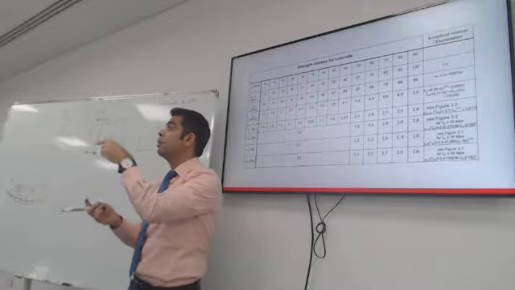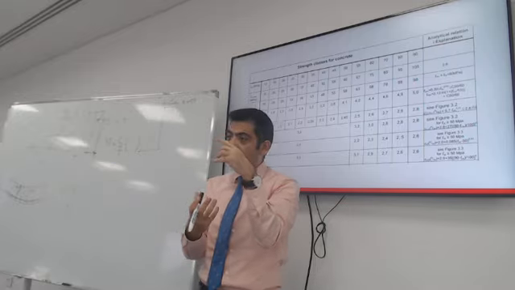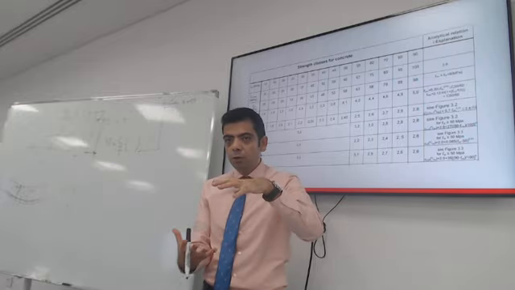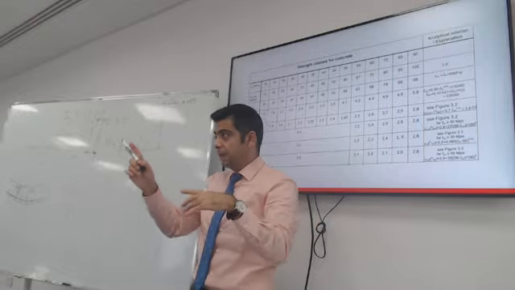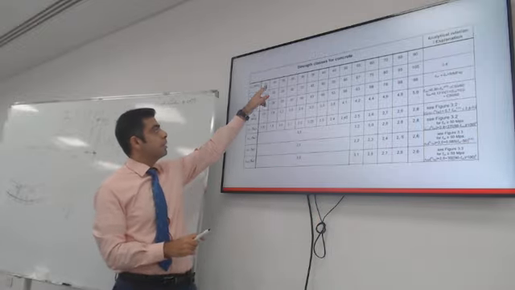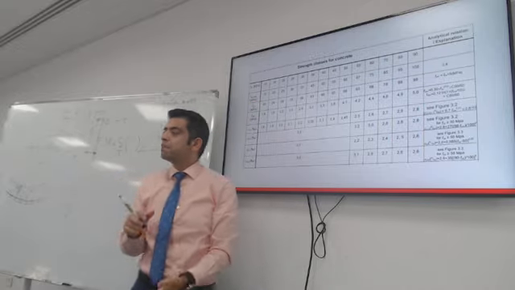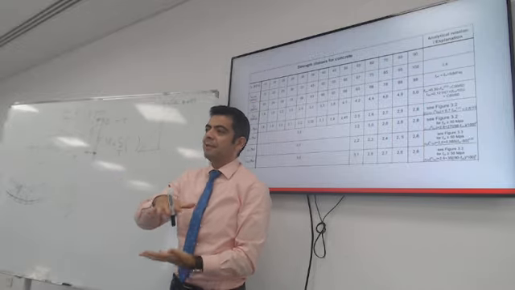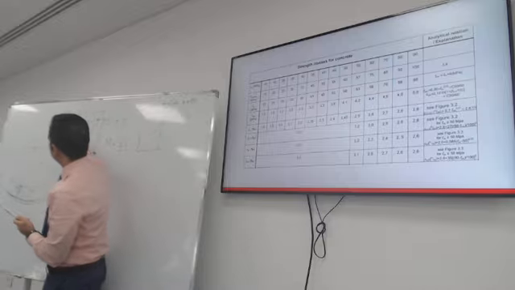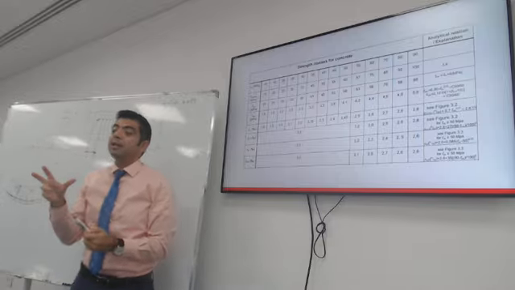Which is bigger, the cylinder strength or the cube strength? Cube is bigger. So the smaller number is for the cylinder, and the second number is for the cube, and it represents the compressive stress, the maximum stress that concrete can take in compression.